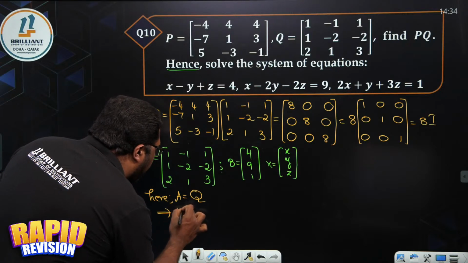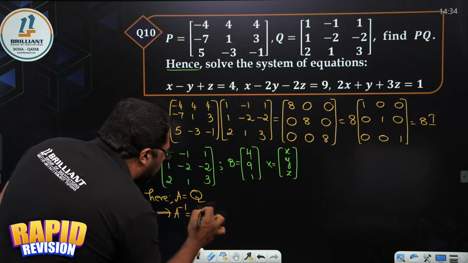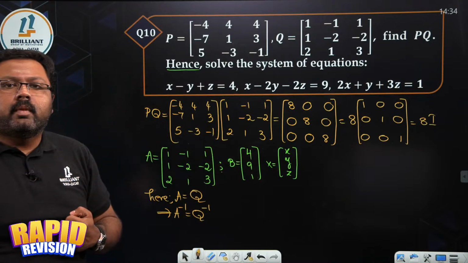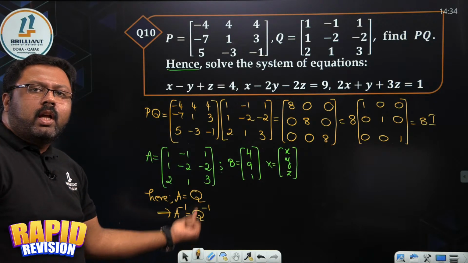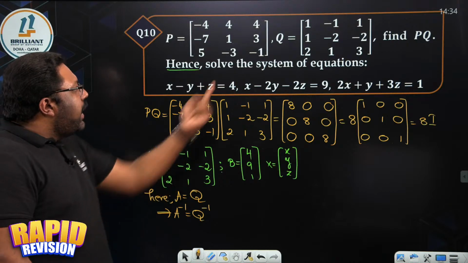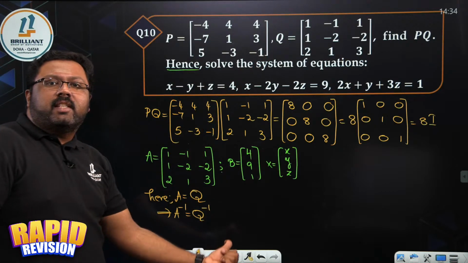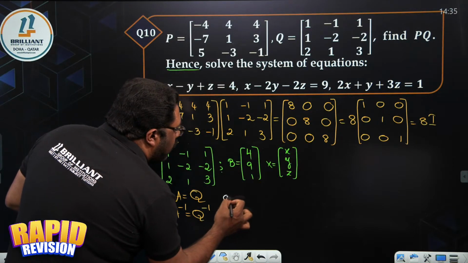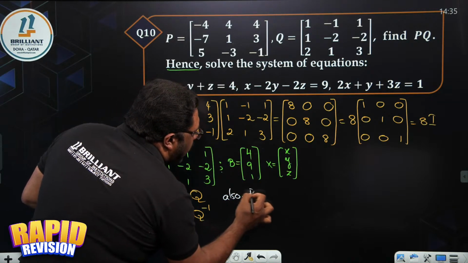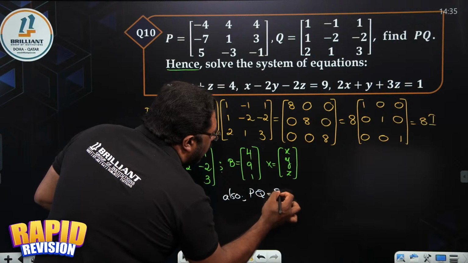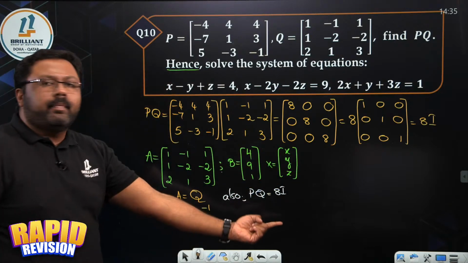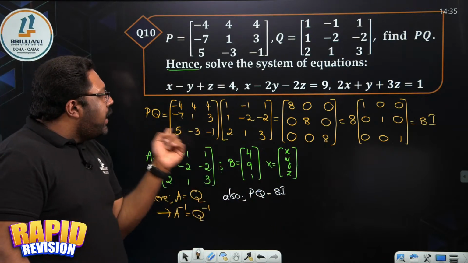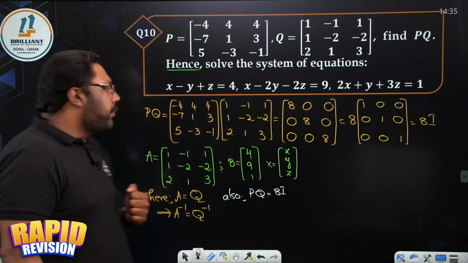Matrix A is Q. Then what is A inverse? Q inverse. Matrix A is Q, then A inverse is Q inverse. Also, P into Q equal to 8I. We know that the product of P and Q is 8I.